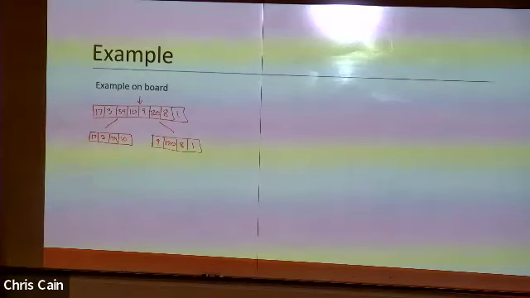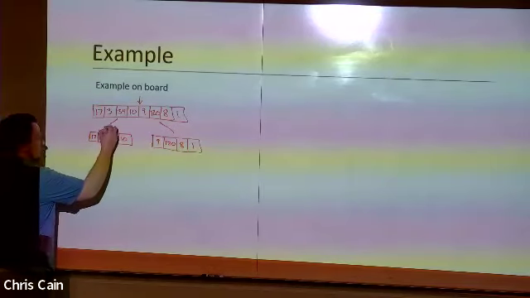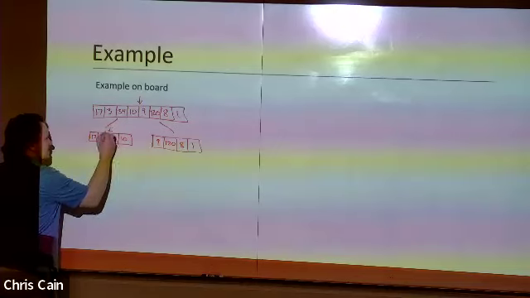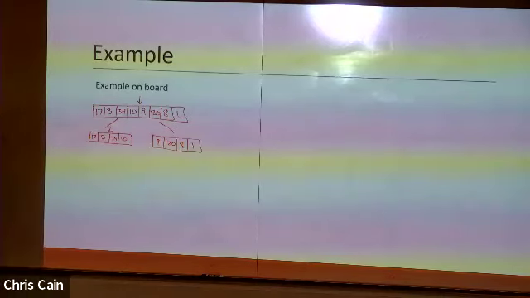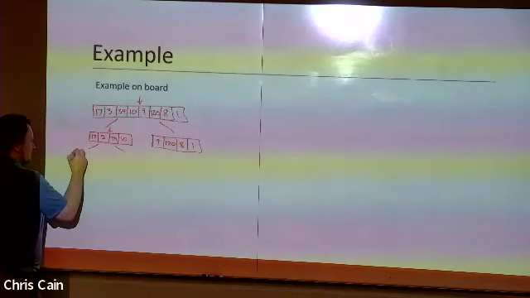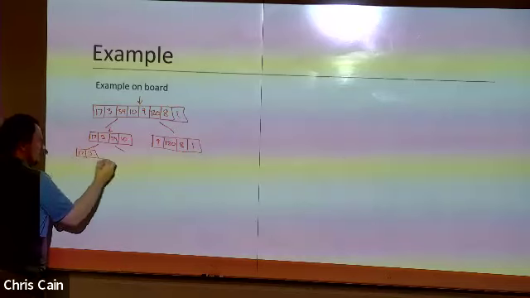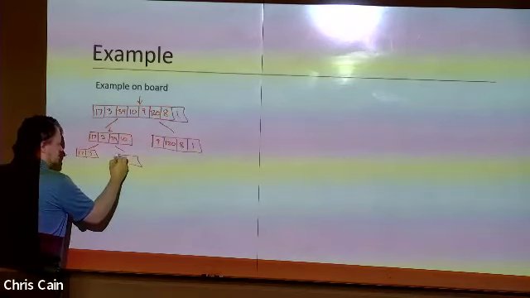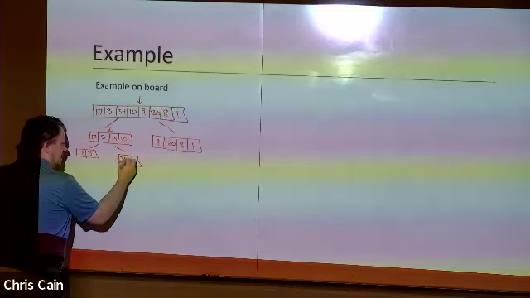This problem is a brand new array. We're going to start back from the beginning and say, how do we sort this? We need to break it down into its left half and right half. So the middle of this array is right there. We split this down into a left half and a right half. The left half is going to be 17 and 3, and the right half is going to be 34 and 10.